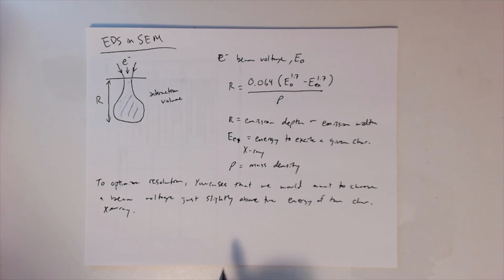So there are trade-offs between the interaction volume and the energy of the characteristic X-ray.